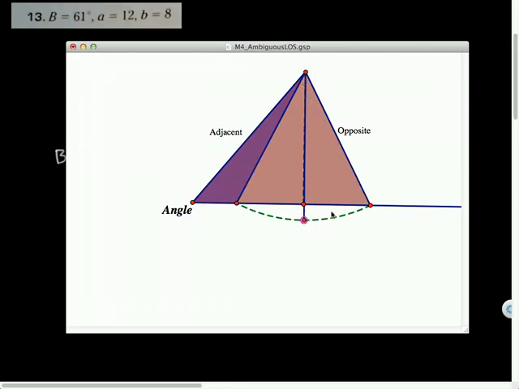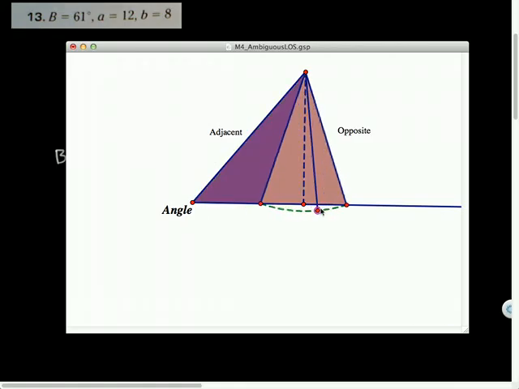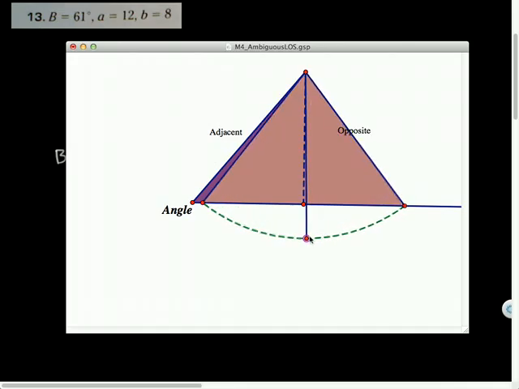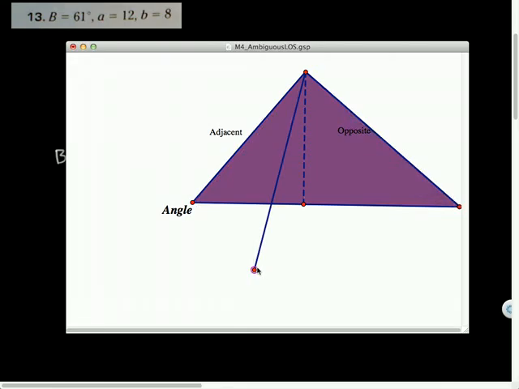So I could either have this large acute triangle, this outermost triangle, or I could have this darker section, this sliver, this smaller obtuse triangle as my second possibility. This is what occurs when we have an acute one. The other possibility is if it's too long, then it goes into a one triangle situation again.